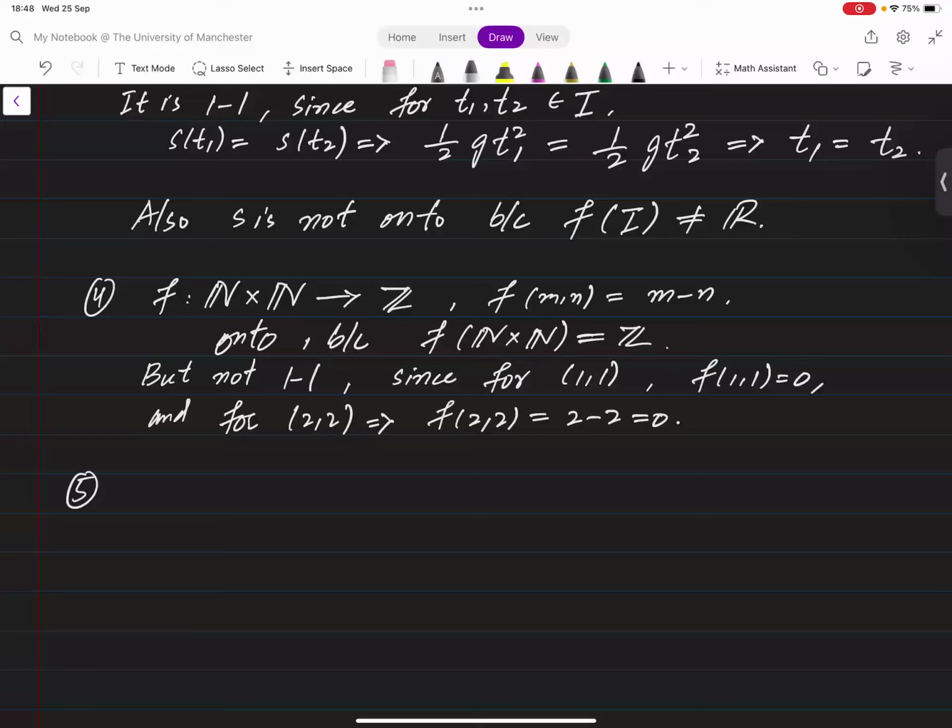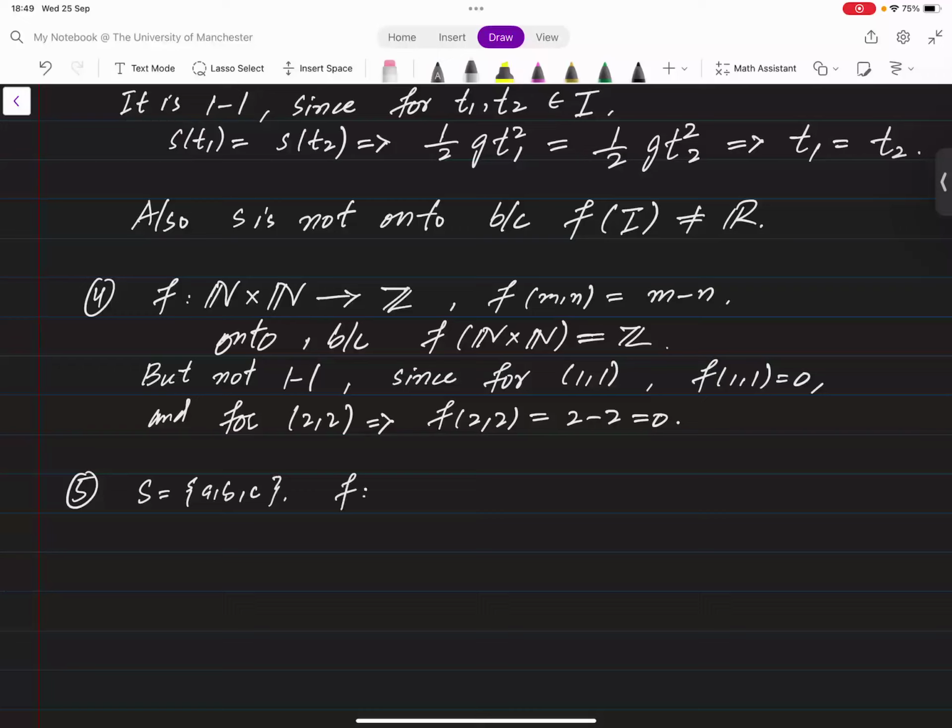Number 5 is a function. So we have a set S = {A, B, C}.